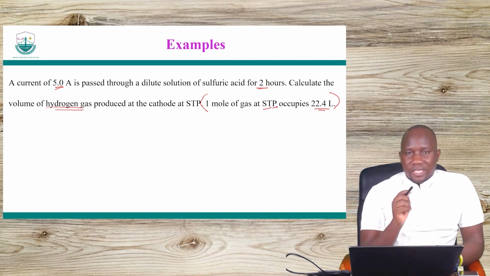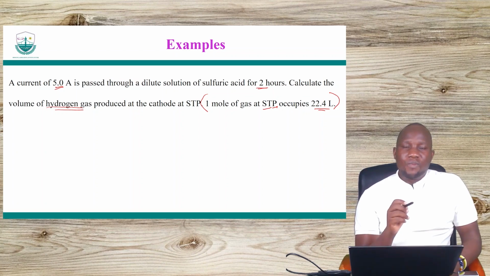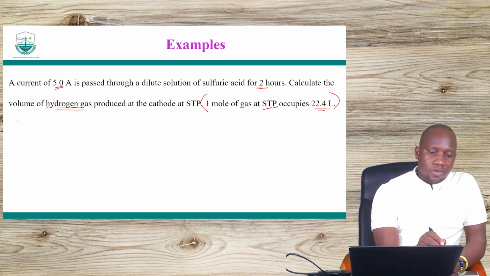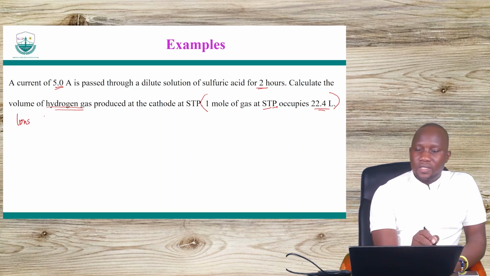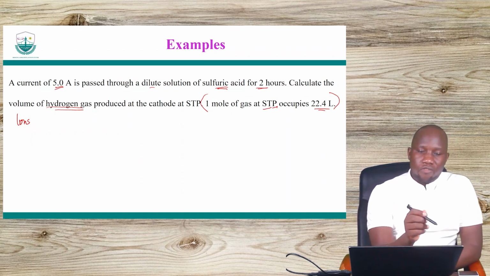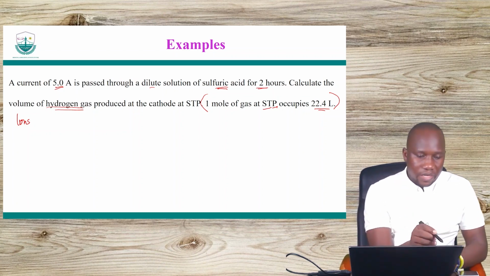Okay, so let's go on with this calculation. What is happening in this electrolysis? How are we producing the hydrogen? That's the first thing you need to understand. So what ions are present in electrolysis of sulfuric acid? Since it is dilute, you have water there, and you also have the ions from sulfuric acid. So let's start with the ions from sulfuric acid.